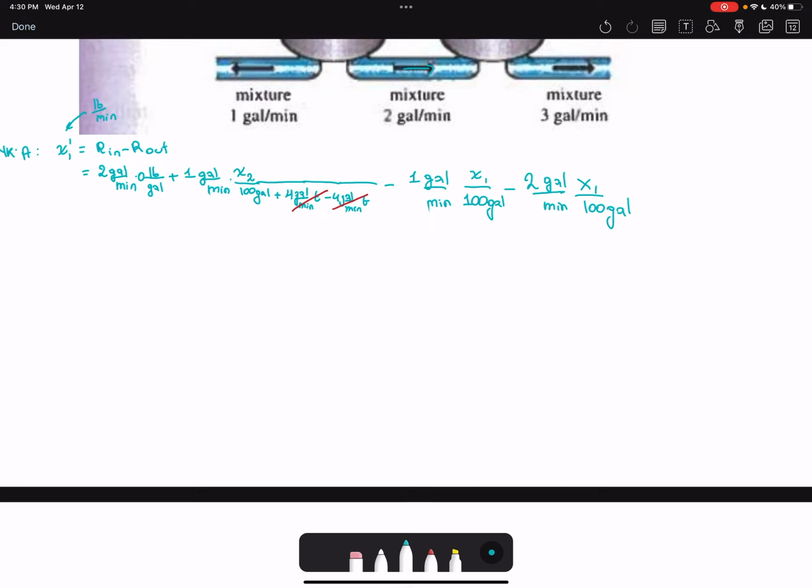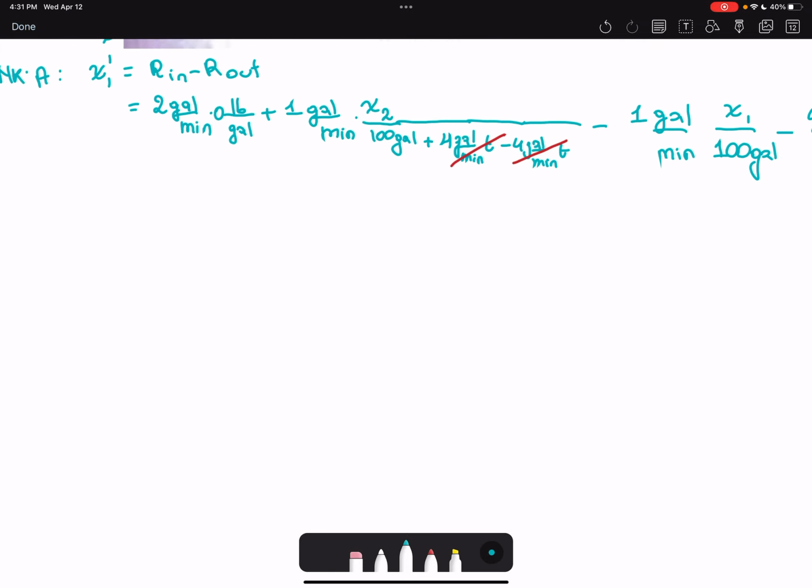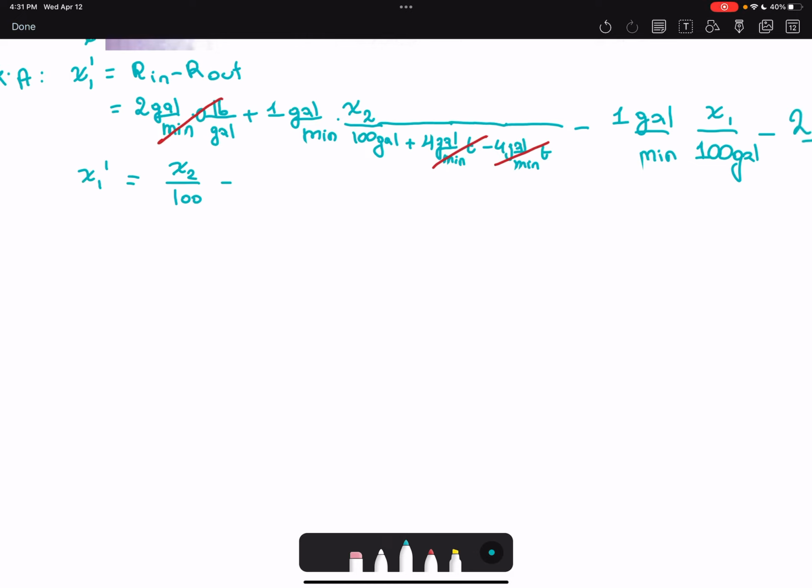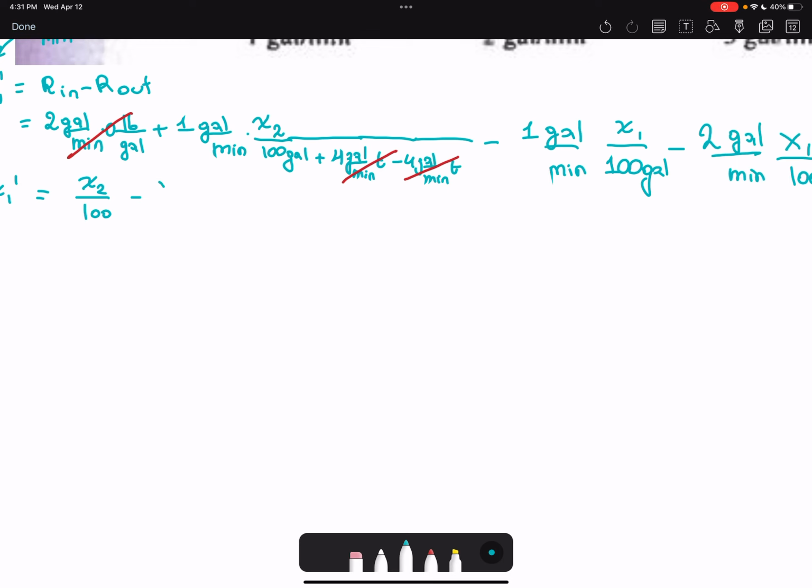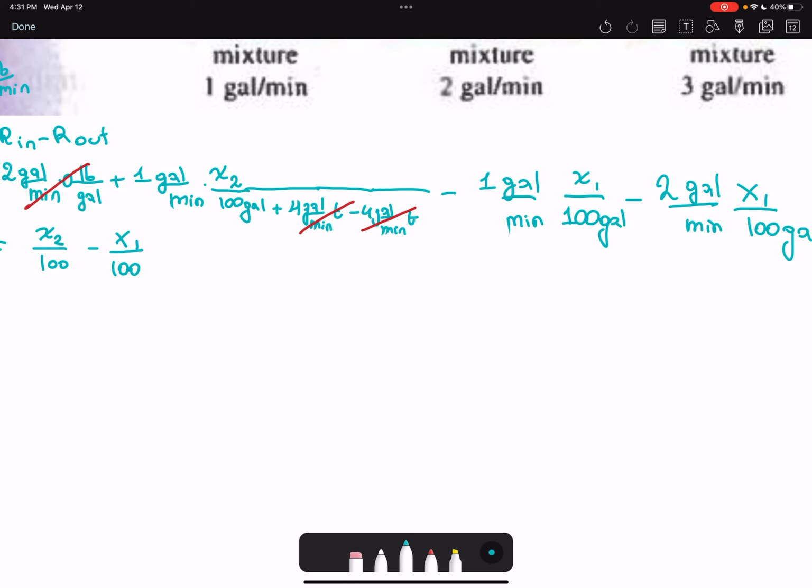Now we're going to simplify what we have over here. So this will be 0. This will be x2 over 100. Here we'll have x1 prime minus x1 over 100. But we can combine it with the other one.